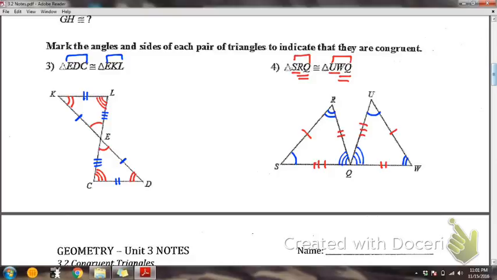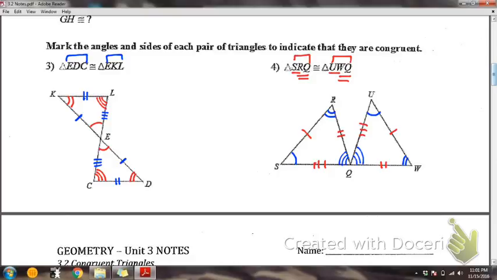Okay, take a check. SR should be matched up with UW. They should have the same number of hash marks. It doesn't matter if you start with 1 hash mark or 2, whatever you start with, they just need to be the same. Like SR and UW need to have the same number of hash marks. RQ and WQ need to have the same number of hash marks. And then SQ and UQ.